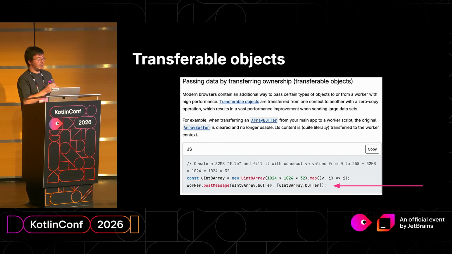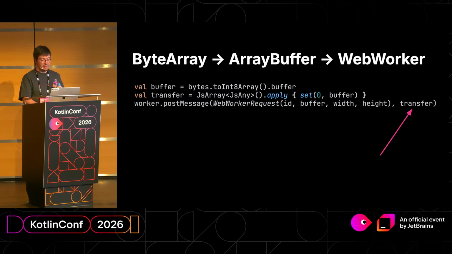Let's take a look at the documentation on web workers. And we found there is such a thing as transferable objects. This is exactly what we need. We need to transfer our array from one world to another without copies. So for that, we just have to add this transferable object to the end of the postMessage call. And that's what I did.